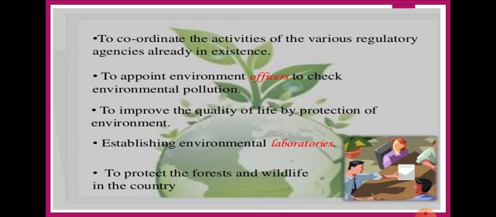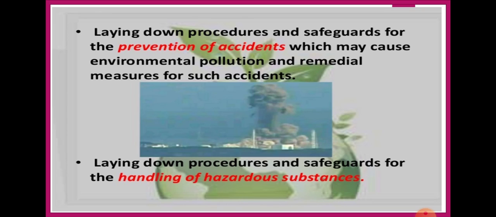To coordinate the activities of the various regulatory agencies already in existence, and to appoint environment officers. One forest department is only there for taking care of the forest. Officers should be appointed to check environmental pollution, to improve the quality of life by protection of the environment, as well as by establishing environmental laboratories that work to protect the forest and wildlife in the country.